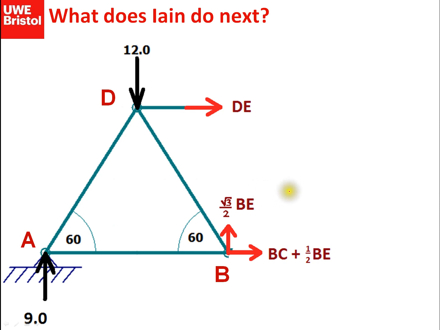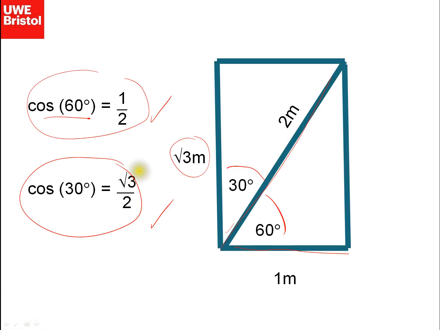So here we had, remember, BE cos 30, and here we had BE cos 60. And what you want to do is go back to where you've been working out your trig, and you worked out that cos 60 is going to be a half.